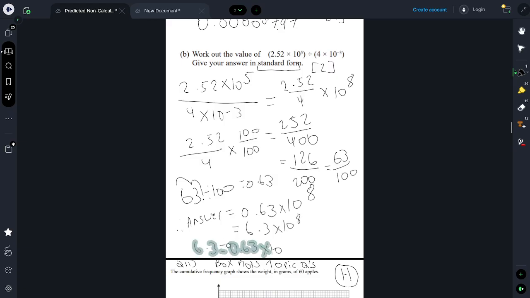No, sorry. The other way around. We want 0.63, but we need to get to 6.3. But clearly, we have to times by 10 to the minus 1, which means we move the decimal point to the left by 1. So we're going to have to tag on a 10 to the minus 1 here.